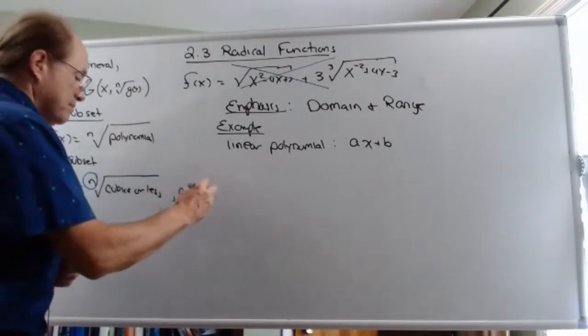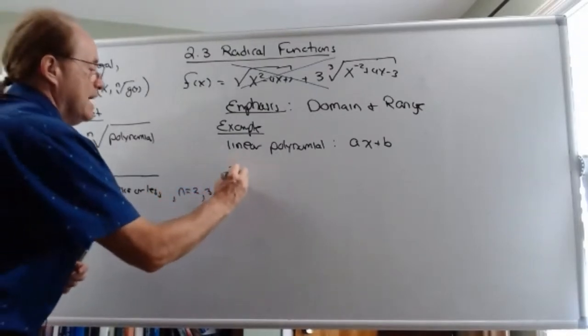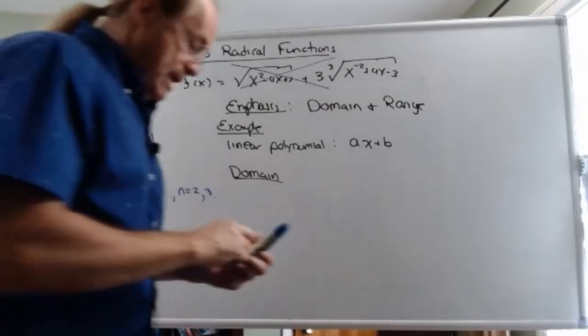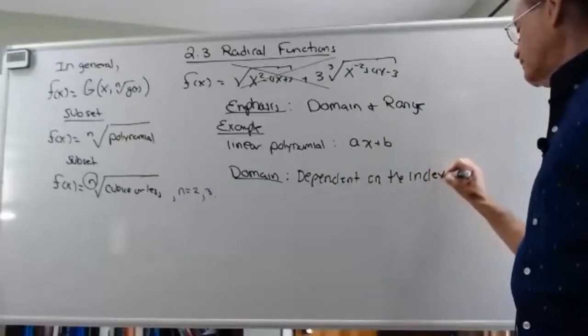If we're looking for the domain of these functions, the domain is the set of all allowable inputs. So over here, we have to be careful if our index is an even number. That can restrict our domain. So the domain is dependent on the index of the radical.